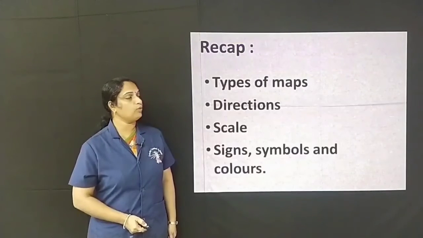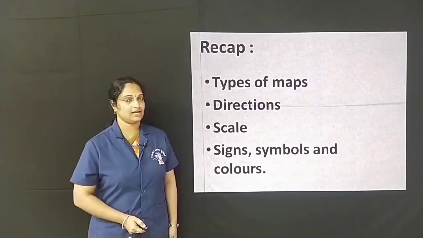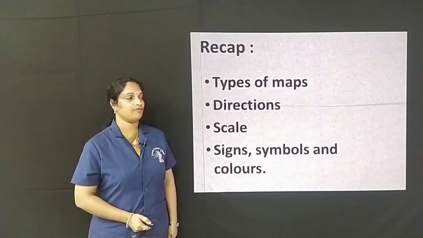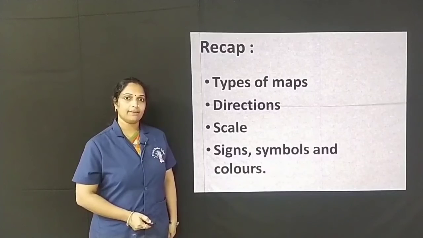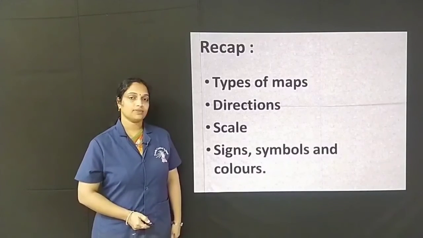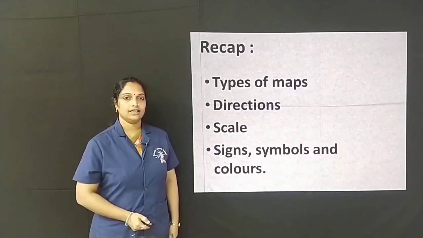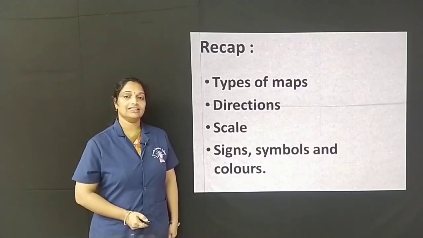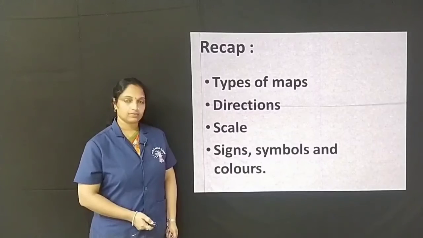Now let us recap what we have studied in today's class. The first one is types of maps. There are 3 types of maps. They are political maps, physical maps and thematic maps. Next is directions. There are 4 main directions: the north, the south, the east, the west.